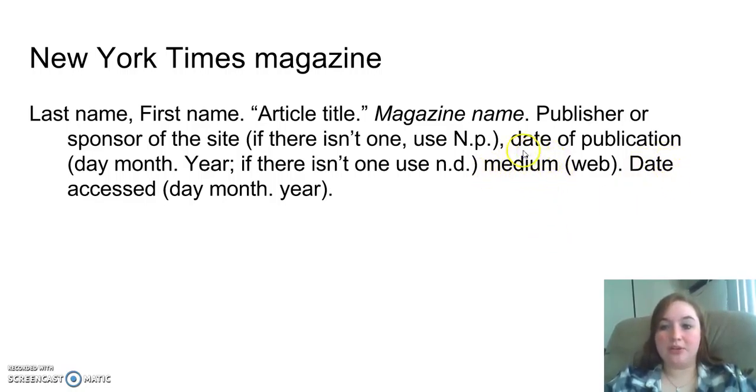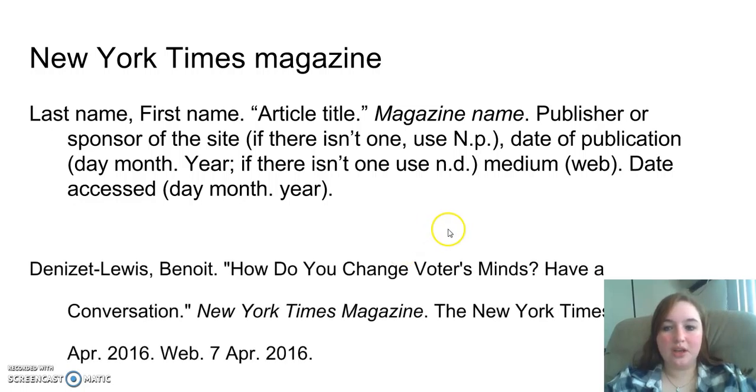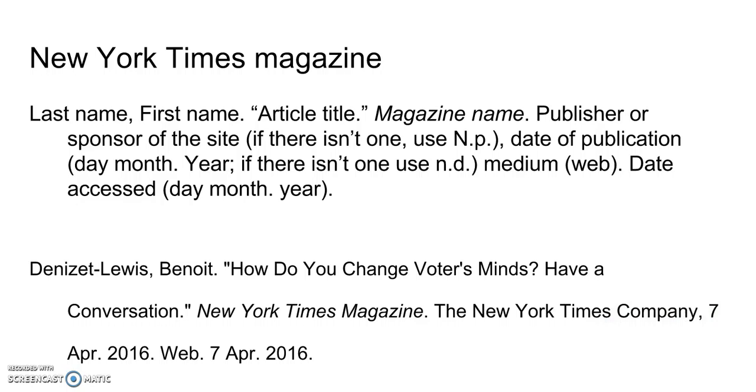And then your medium, which is the form of it. So in this case, it would be the web, then the date that you accessed it, set up again the same way: day, month, year. And keep in mind that you don't put these parentheses here. I'm just doing that to show you how it should be set up. So our citation would look like this.